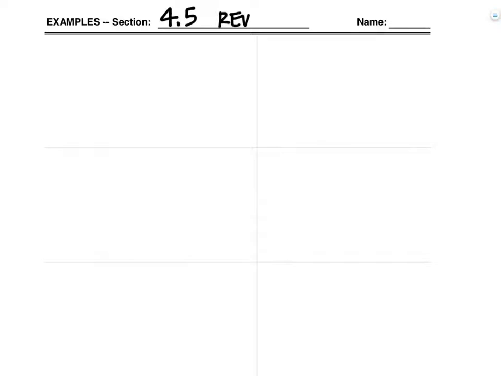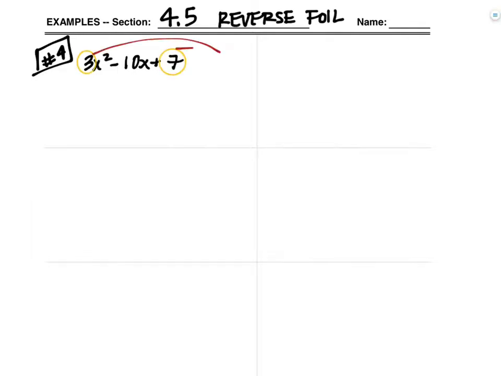So this next guided example, we're going to have you title on that 4.5 reverse FOIL. And example number 4 says 3x squared minus 10x plus 7. Going ahead and finding my factor tree by multiplying my first and third term, I get 21. And I want this to multiply to a positive but add to a negative, so both are negative.